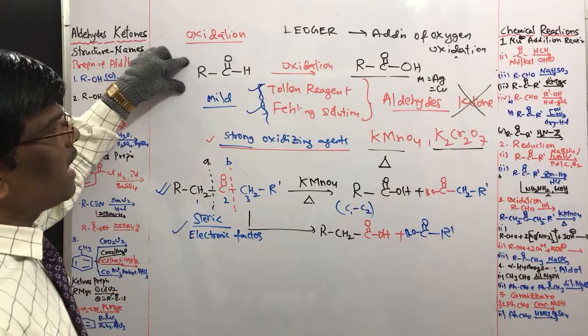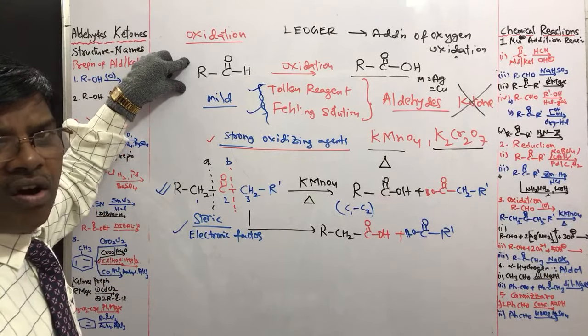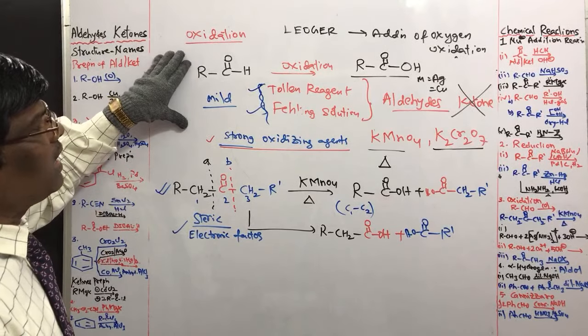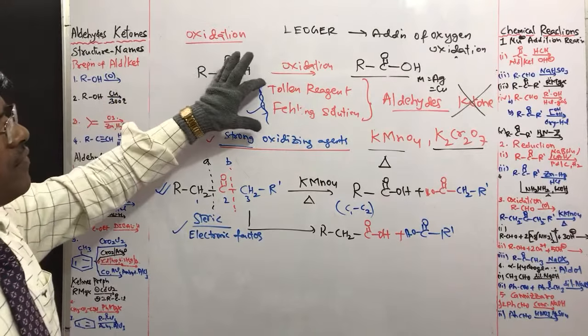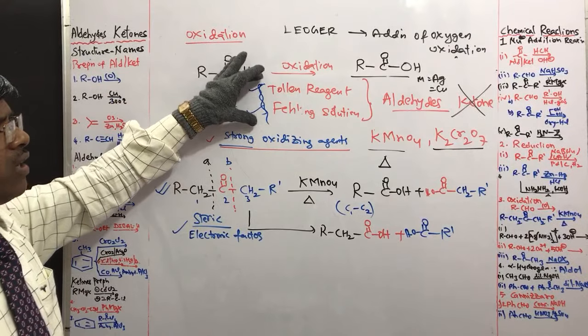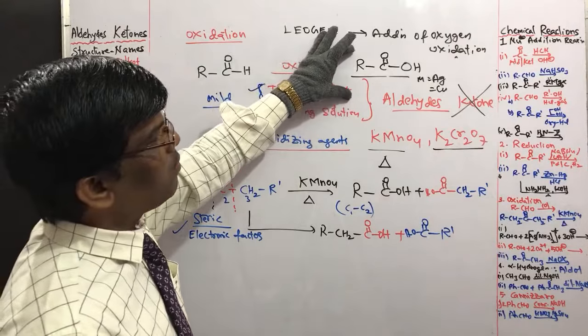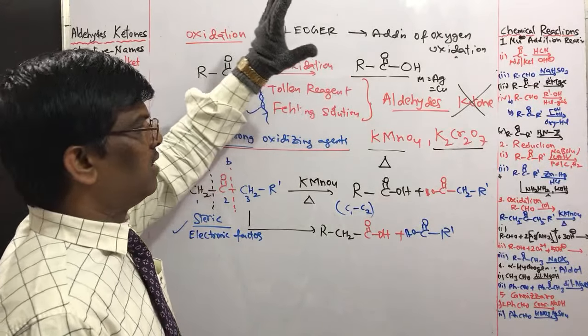So, aldehydes easily undergo oxidation when compared to ketones. Even with mild reagents like Tollens reagent or Fehling's reagent, aldehydes give oxidized products, carboxylic acids.